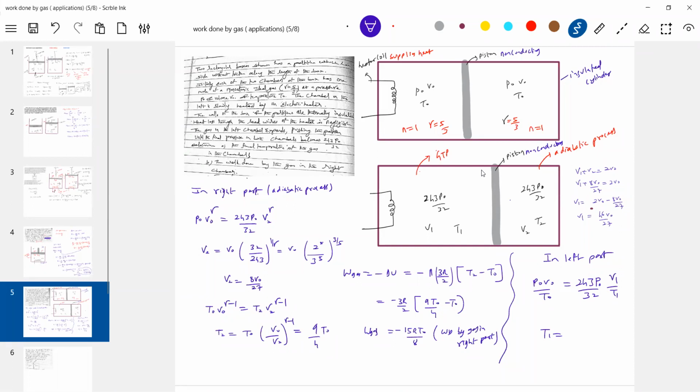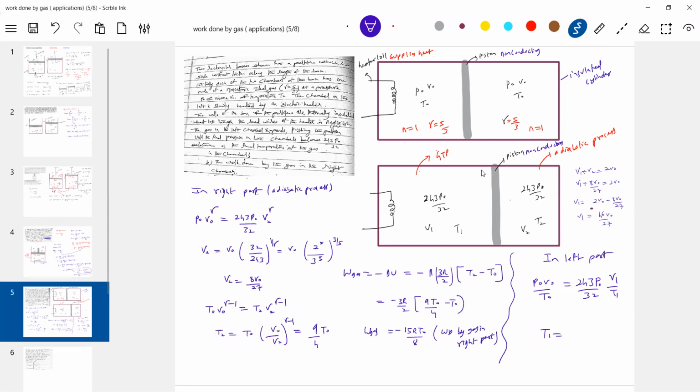What about the heat supplied by the heater coil? Can we calculate the heat supply? Not possible here, because we need some information.